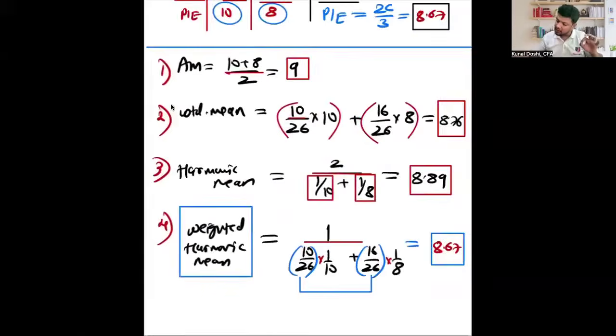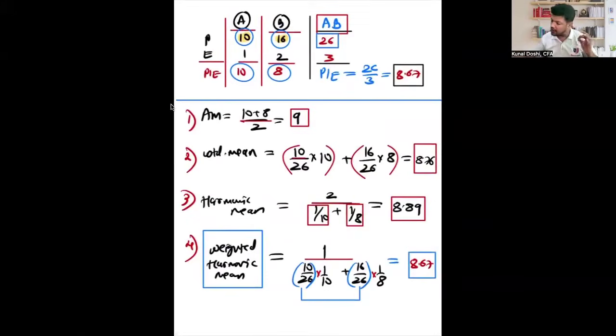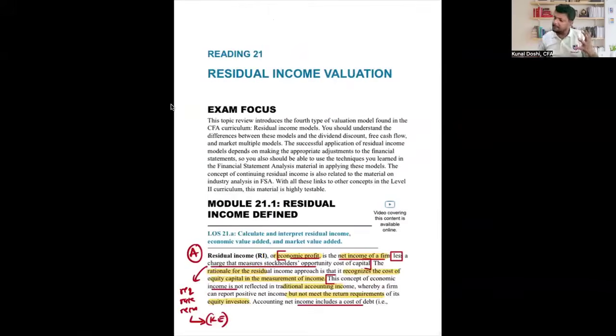This is the topic with the maximum formulas throughout the syllabus. The rest, residual income, private income valuation, don't have as many formulas as this particular topic has, right? Let me know if there is any formula missing. We've covered almost all the formulas. Now we'll move to the residual income valuation. Anyone, any questions?